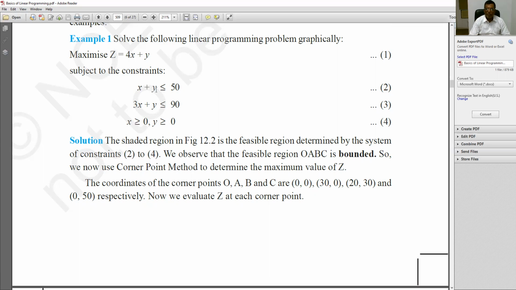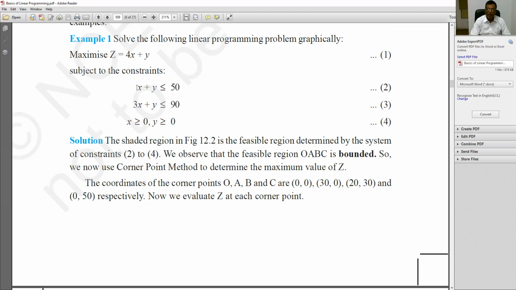That will be x plus y is equal to 50. Take it as equation 5. And 3x plus y is equal to 90. That is the corresponding equation of this inequation. You know well, that is right. 3x plus y is equal to 90.